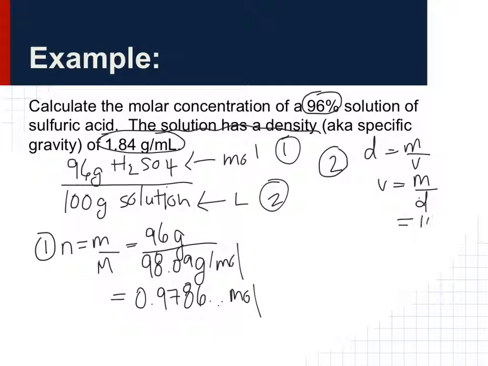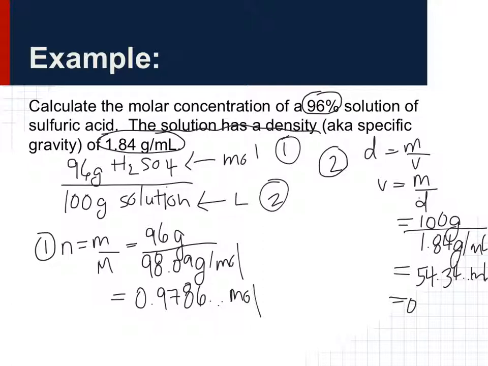So we've got 100 grams of solution divided by 1.84 grams per milliliter, which gives us 54.34 and so on milliliters. We want it in liters, so let's do that conversion now. That gives us 0.05434 liters.